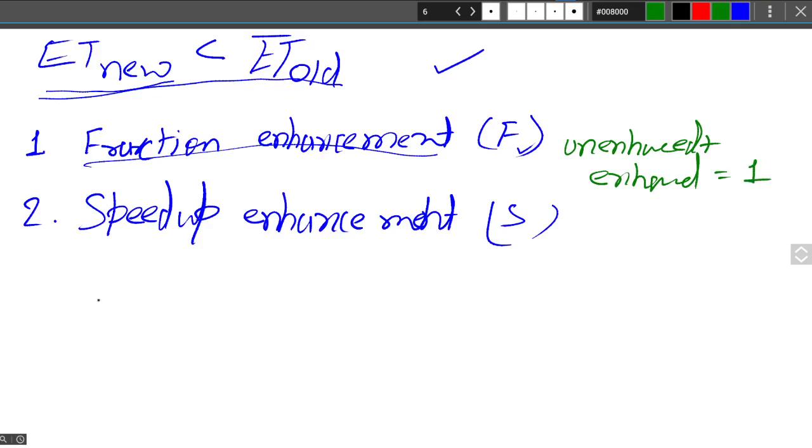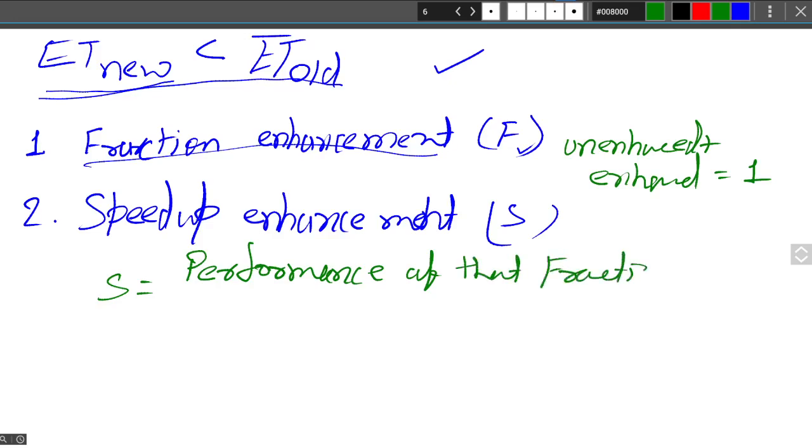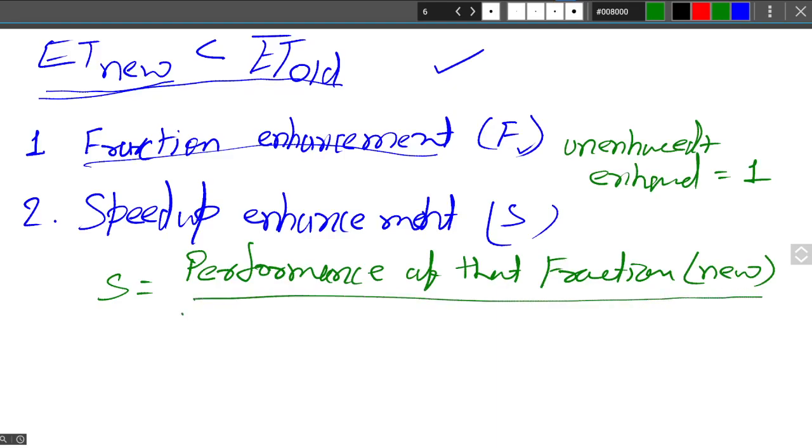Now if you talk about the speedup enhanced, in this case speedup S will be the performance of that particular fraction in the new system upon the performance of the same fraction in the old system.